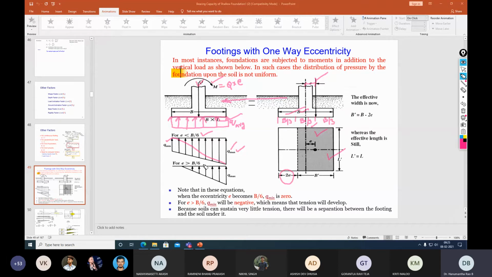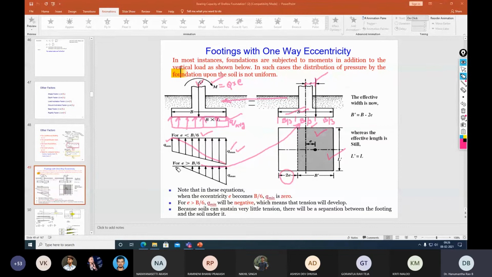The meaning of B by 6 is that if the location of the load is outside the central portion of B by 3, then there is a possibility that Q minimum becomes 0 or negative.